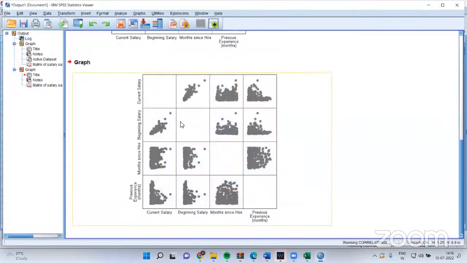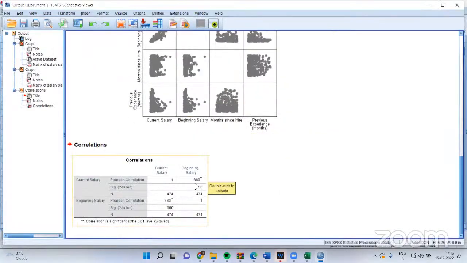Click OK. And this is the p-value which you got. What is your interpretation? There is a significant relation between salary and salary begin.